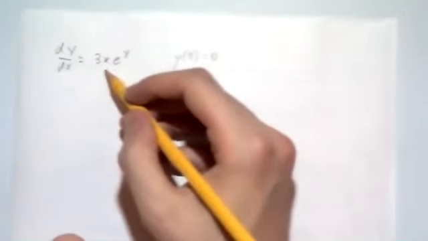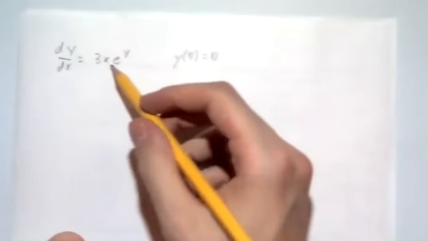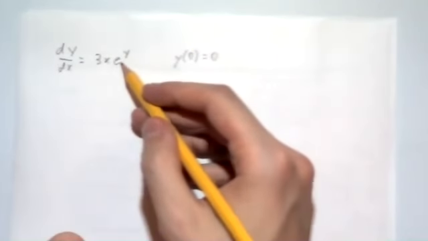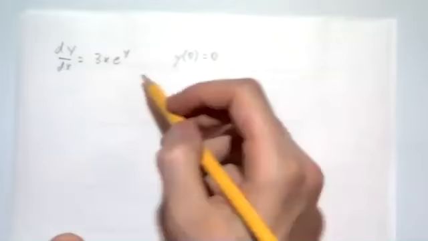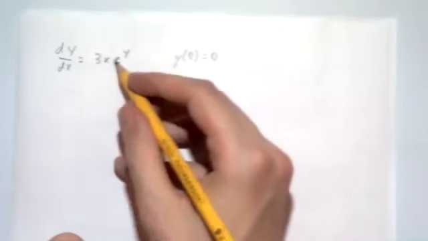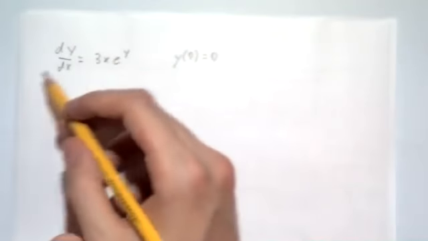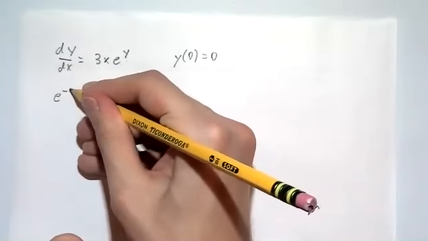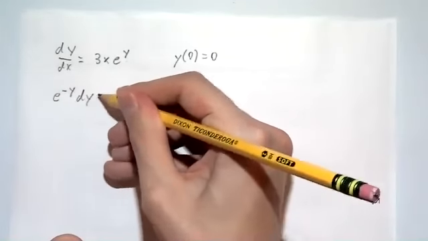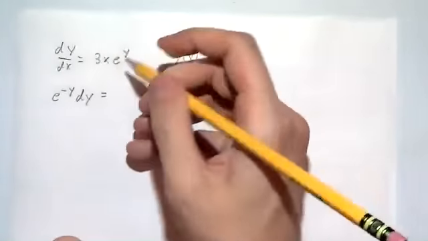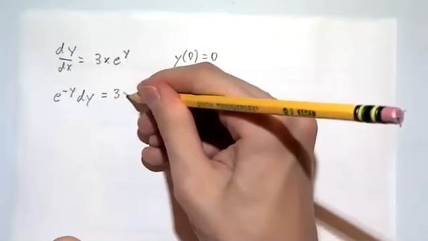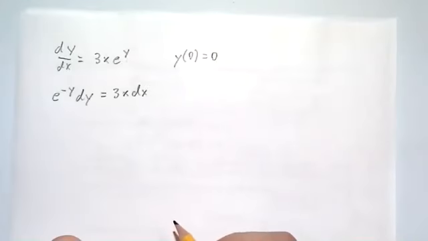So for this, again, since it's multiplied, it's fairly straightforward. You want to move the y term over here and then dx over there. So since we have e to the y, we can multiply both sides by e to the negative y. We get e to the negative y dy is equal to 3x dx.